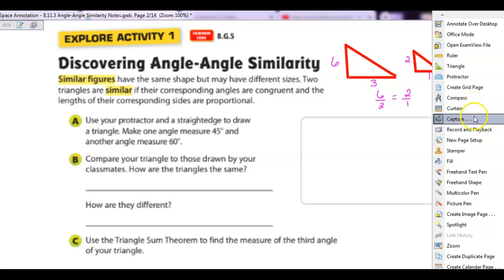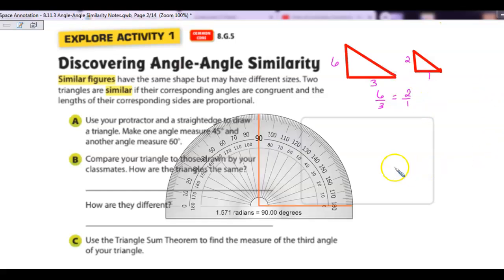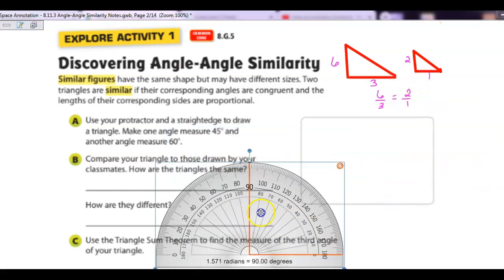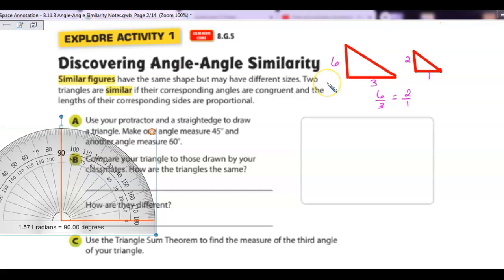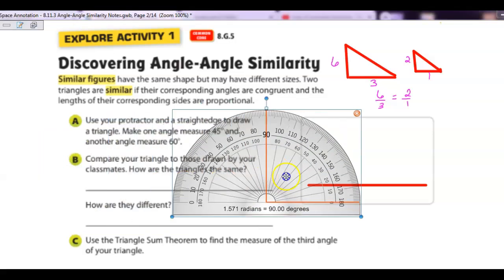So I'm going to get my protractor out, and we're just going to move it over here to the side. And so the first thing I'm going to do is draw a line, and then I am going to draw the angle that is 45 degrees.